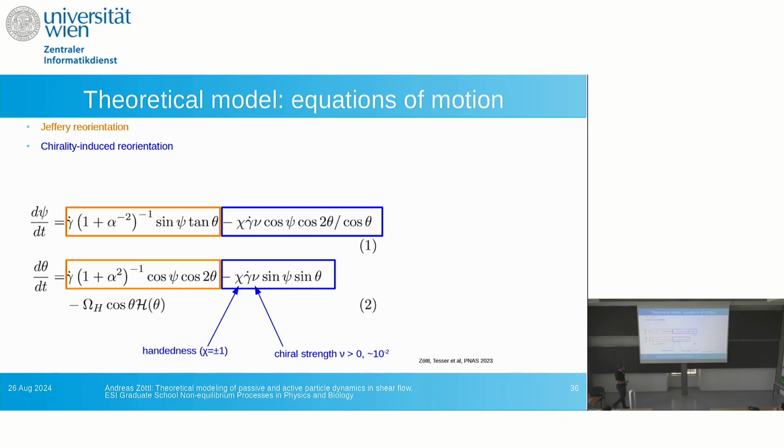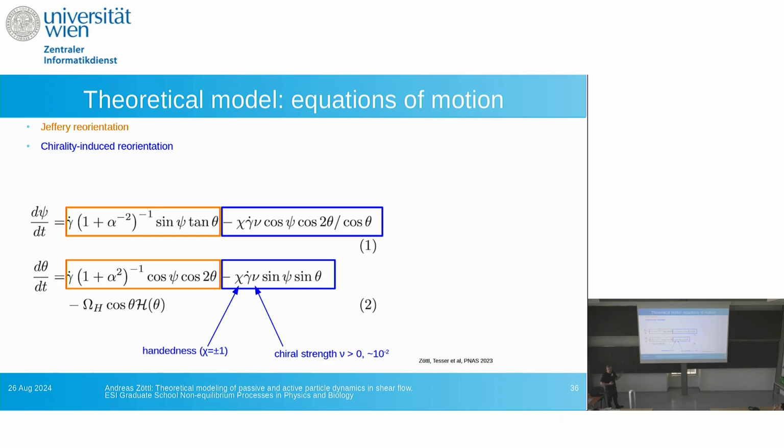And now we have a second term, which is this chirality-induced reorientation term, which also depends linearly on the shear rate, then on the handedness, so that's either +1 or -1, and on this nu, which is, as we said, the chiral strength of the particle. This is a dimensionless number.